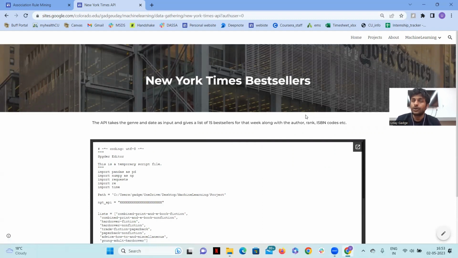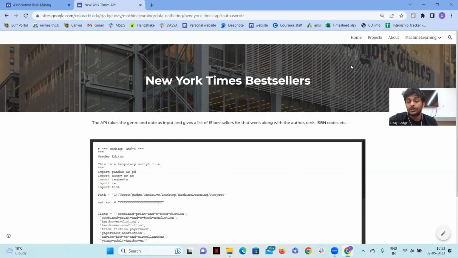And I've gotten data from around 2007 till now, the bestsellers for every week. So you get the rank of a particular book on their bestsellers list, what the previous rank was, the author of the book, and of course, the genre, which is fiction, nonfiction, or advice, and that kind of information.